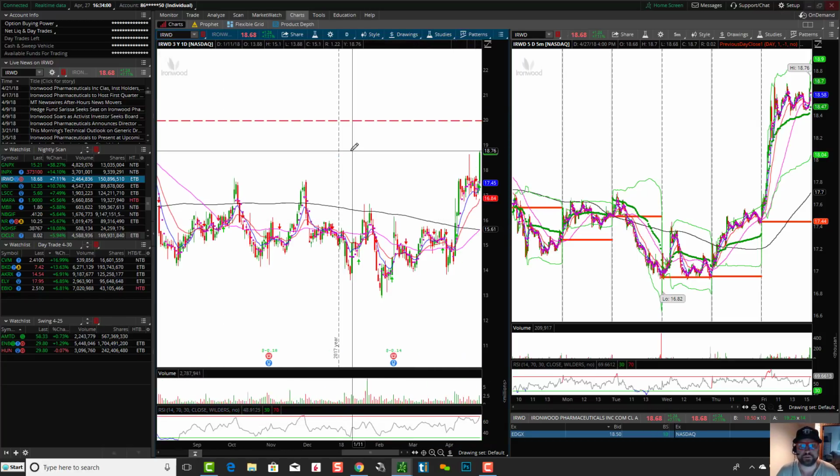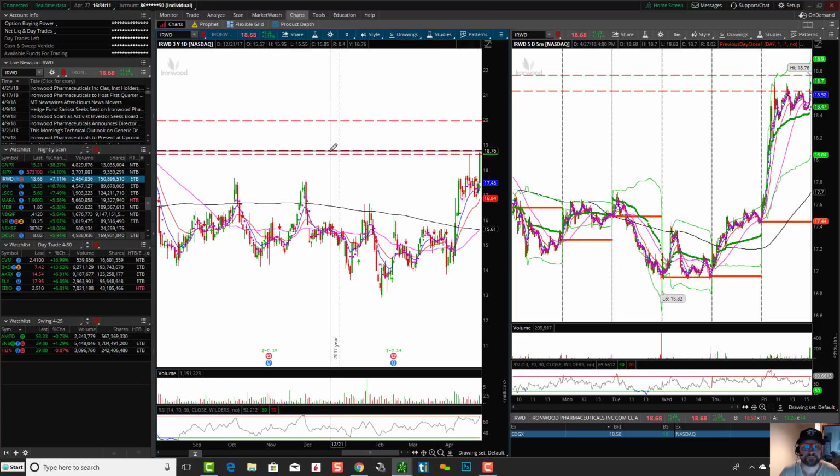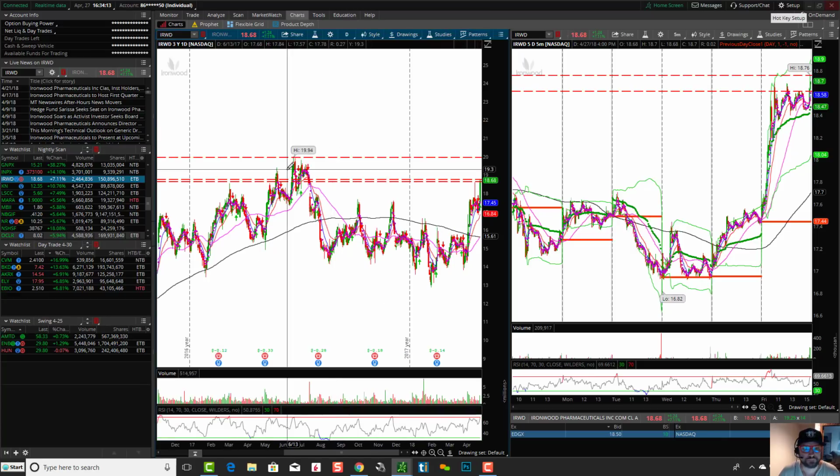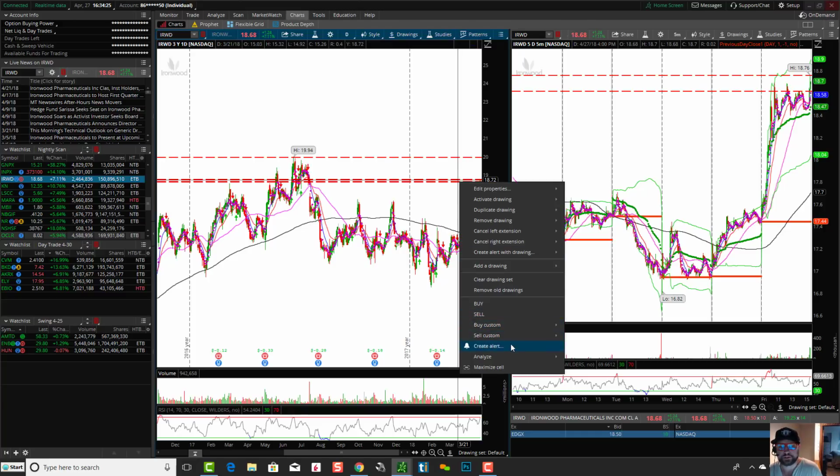So let's take a look, put some support right over here. So, big cup on the daily. Watch for major resistance right below 20 bucks. So let's do this. 1868.